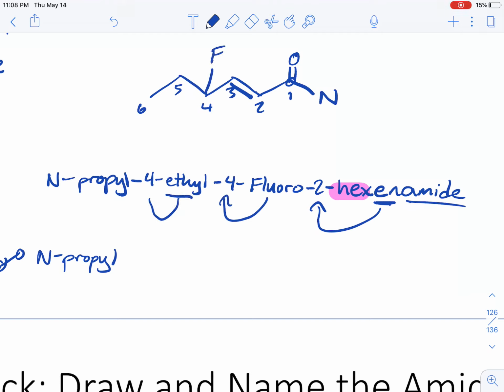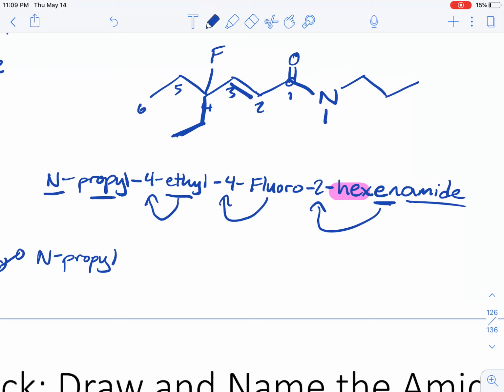I have an ethyl on carbon 4. So that's a 2 carbon chain. And then I have an N-propyl. So on my N, I have a propyl group, which is a 3 carbon compound. 1, 2, 3. And this nitrogen is bonded to 2 R groups, so this is a secondary amide.